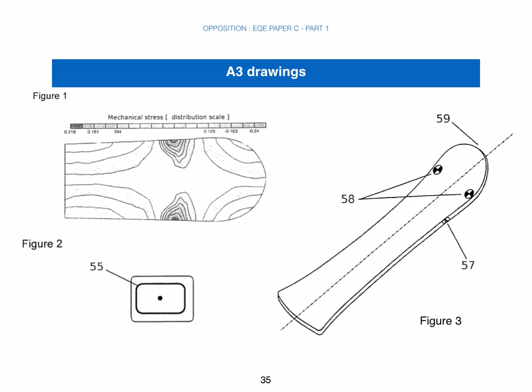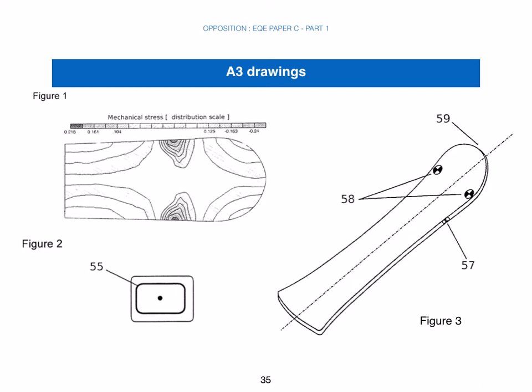Here are the drawings of A3. Figure 1 looks as though it's like the cut-off front part of a snowboard, which is a very short snowboard. The contour lines on figure 1 seem to show areas of great mechanical stress.